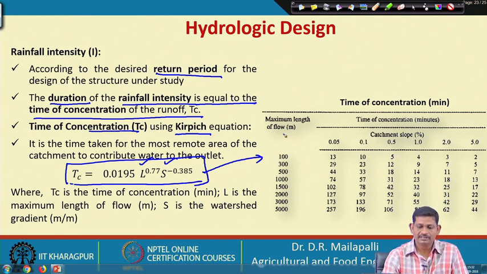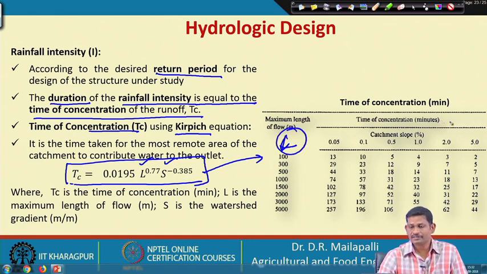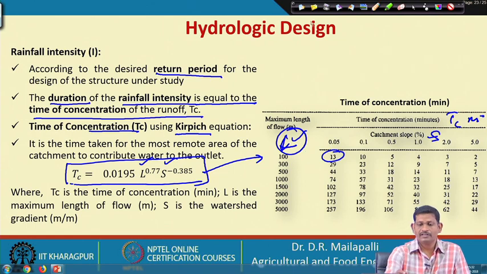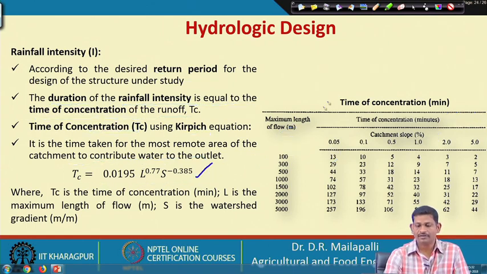Here L is the maximum length of flow, Tc is the time of concentration in minutes, and S is the catchment slope. Knowing L and S, you get the time of concentration values. Either you use the equation or a table.